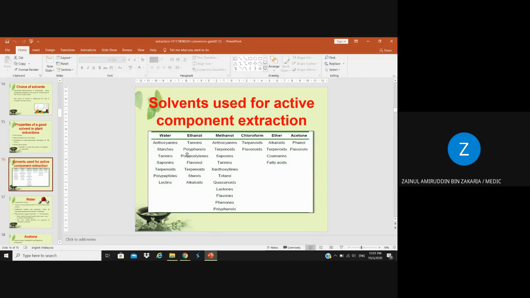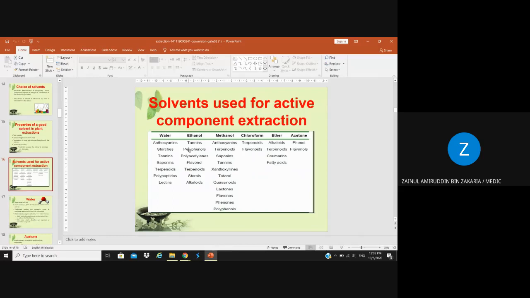Sometimes after you do the partitioning, you want to know what the bioactive compound is. Let's say you have the extract rich in polyphenol after partitioning. What you need to do is fractionation. So you have a three-stage process: extraction, partitioning, and then fractionation. And the last step, number 4, is isolation of bioactive compounds.